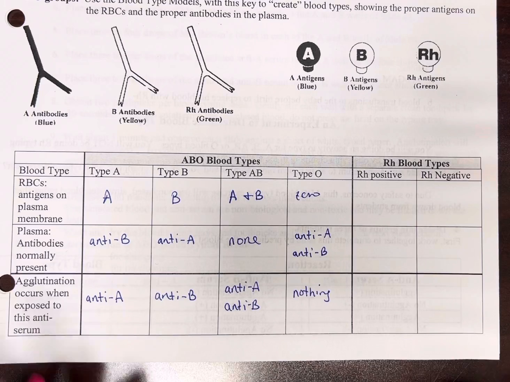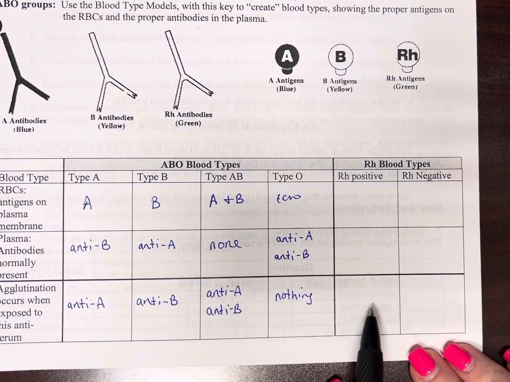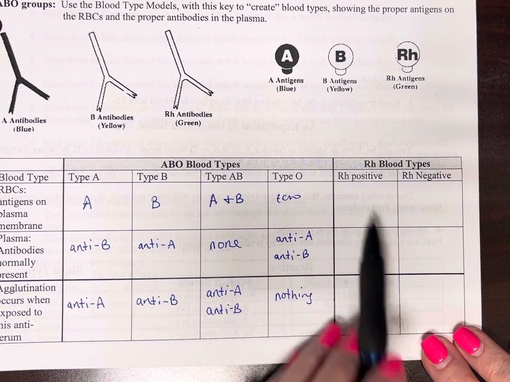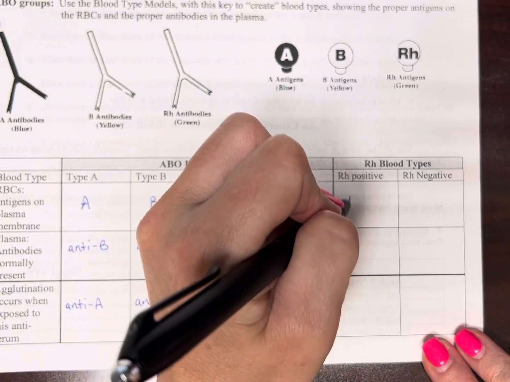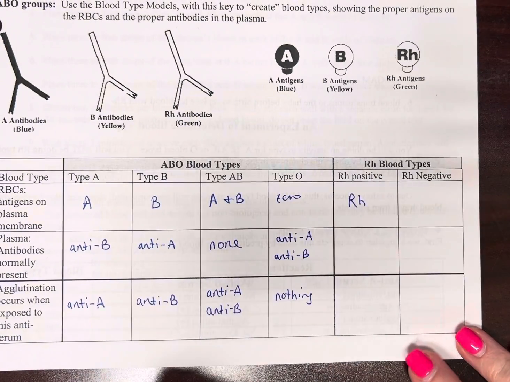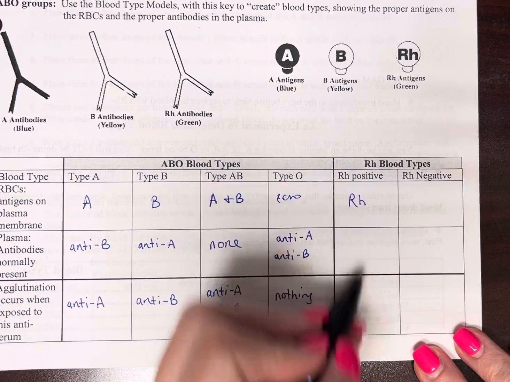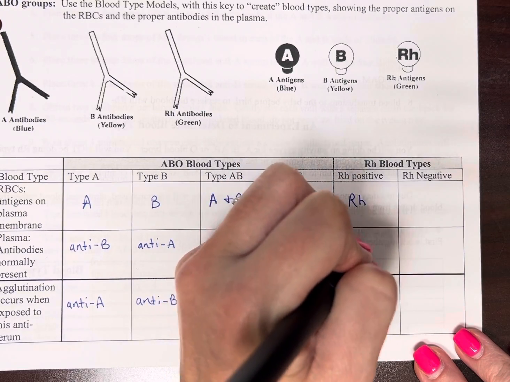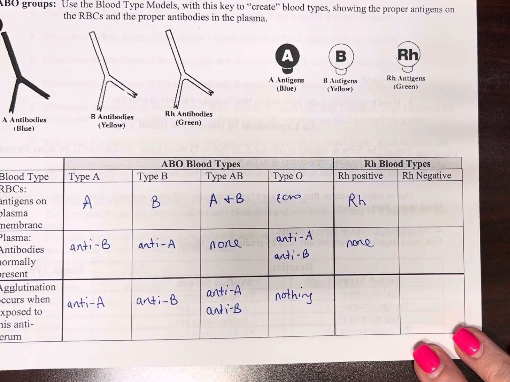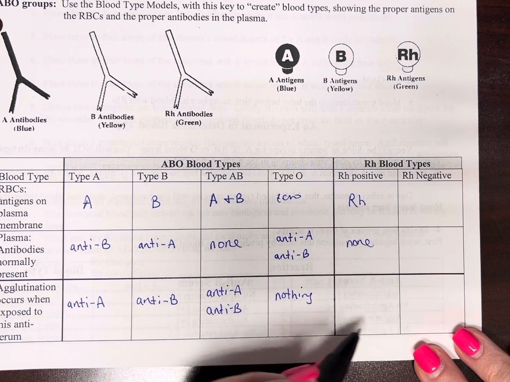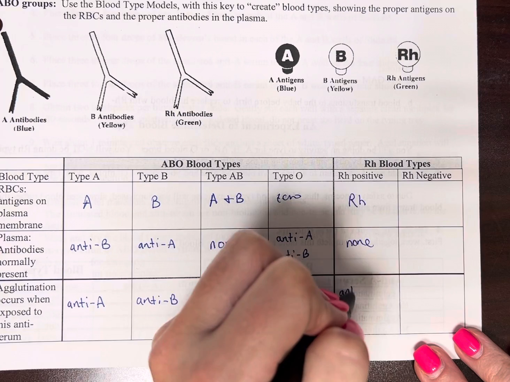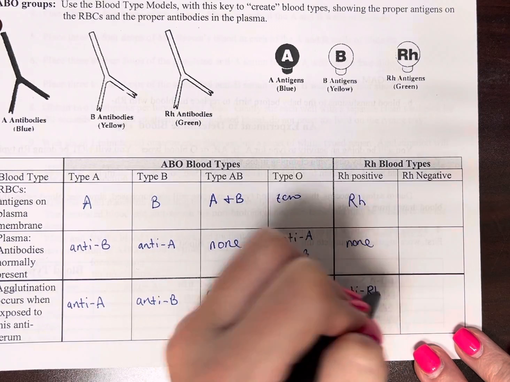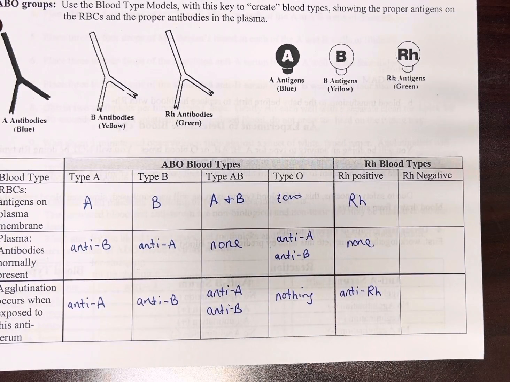Now, Rh is going to work similarly, it's just a different test. So an Rh positive person is indeed going to have an Rh antigen. So when it comes to Rh, it's not going to have an antibody against Rh. In our blood typing, it will respond and result in clumping when we mix it with anti-Rh serum.